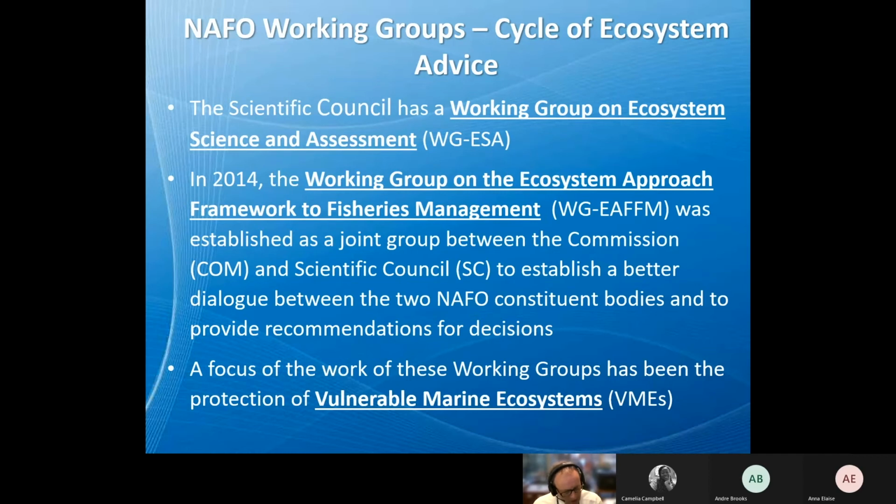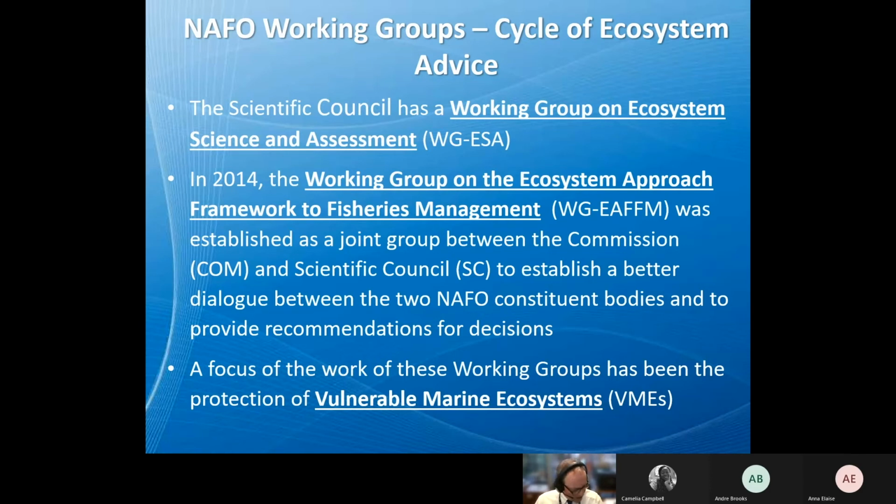And specifically on the ecosystem approach, NAFO has developed an institutional structure, particularly within its Scientific Council. The Scientific Council has a working group on ecosystem science and assessment, which provides the basic science for possible decisions by the organization later on.